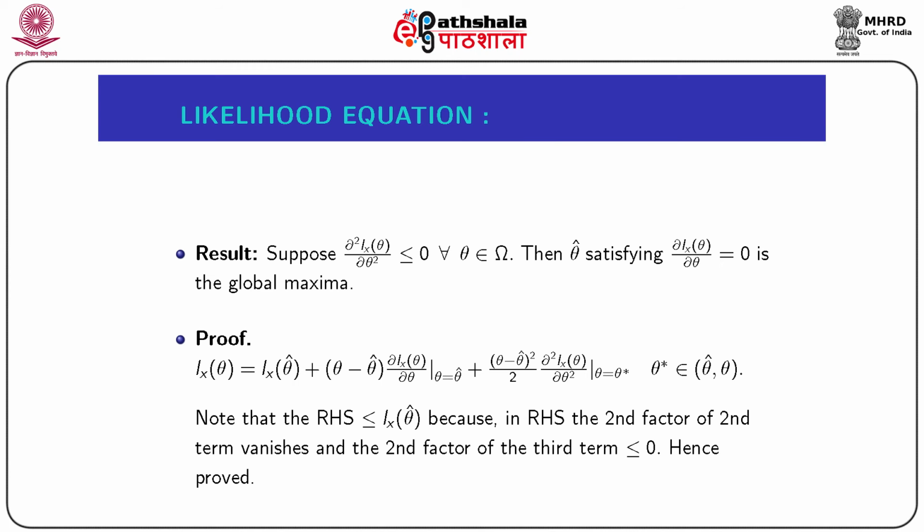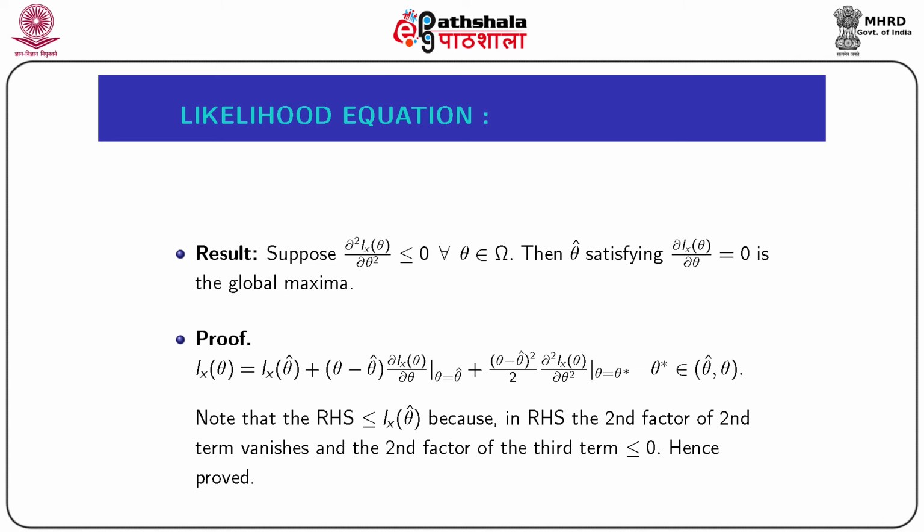As an outline of the proof, we can say that Lx theta equals Lx theta hat plus theta minus theta hat into the first order derivative of Lx theta at the point theta equal to theta hat, plus theta minus theta hat whole square divided by 2 into the second order derivative of Lx theta with respect to theta at the point theta equal to theta star, for some theta star belonging to the open interval theta hat to theta.